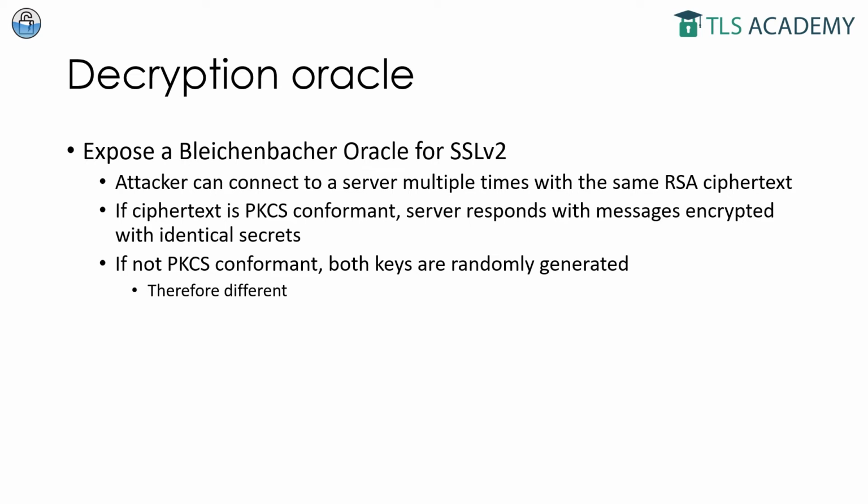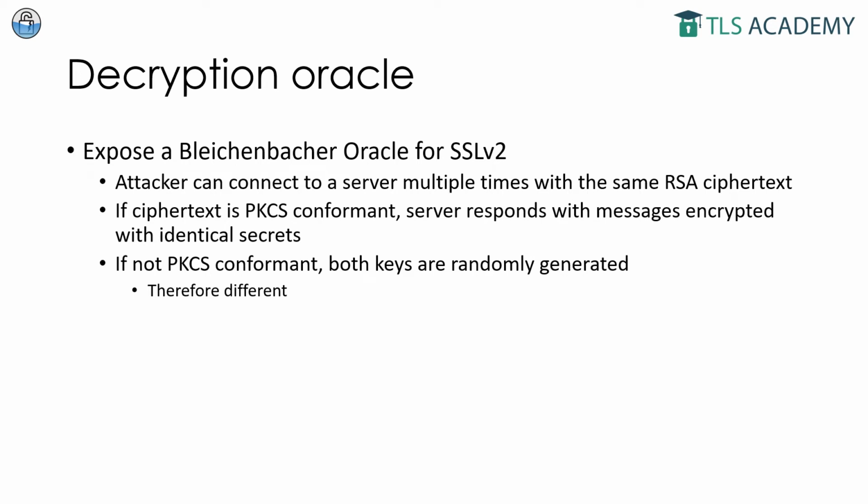The attack is based on the fact that SSL version 2 is vulnerable to a direct message side channel vulnerability, exposing a Bleichenbacher oracle to the attacker. This allows an attacker to deduce the validity of RSA ciphertexts, which can be used in chosen ciphertext attacks. An attacker can connect to a server multiple times with the same RSA ciphertext.